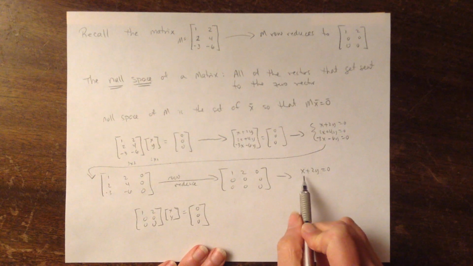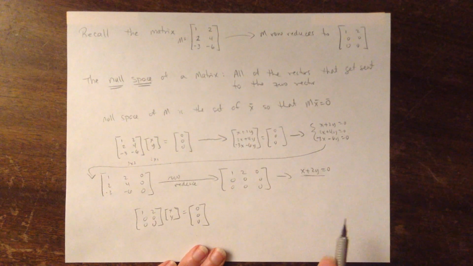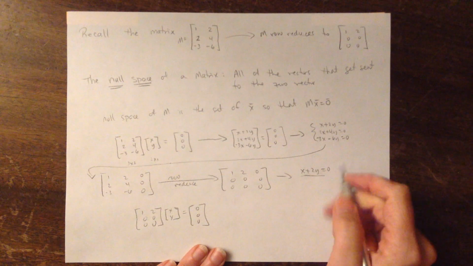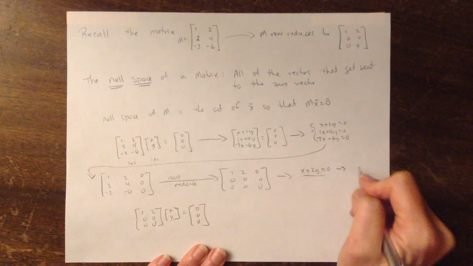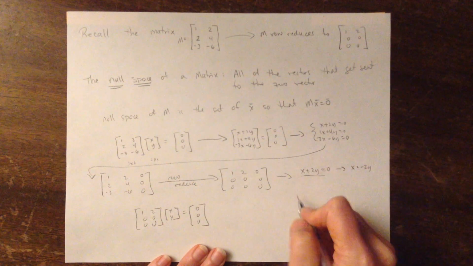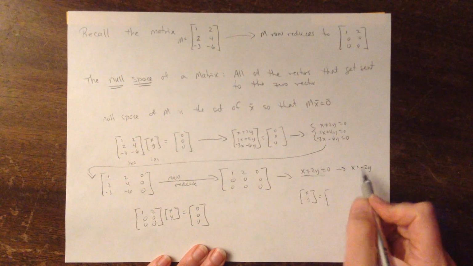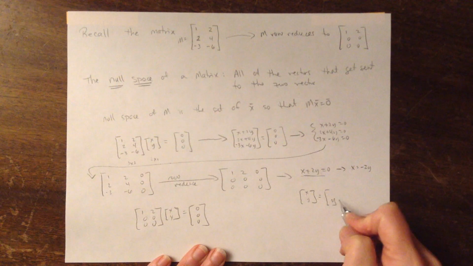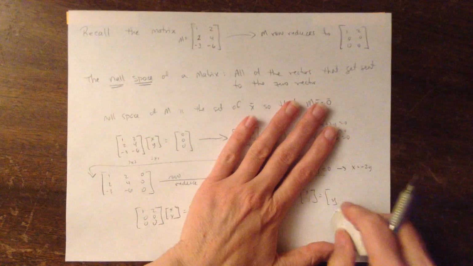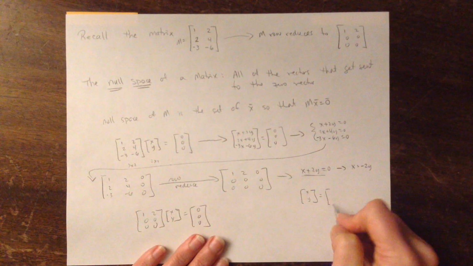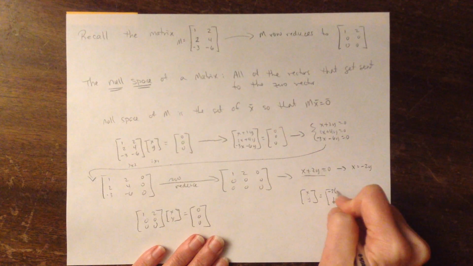So all of the vectors in the null space are going to look like this. You're going to have x plus 2y equals 0. So from there you have x equals negative 2y. So your vector x, y has got to look like this, where y can be anything. Let me call that a free variable. So I'll let y equal t. And then x is going to be equal to negative 2t.